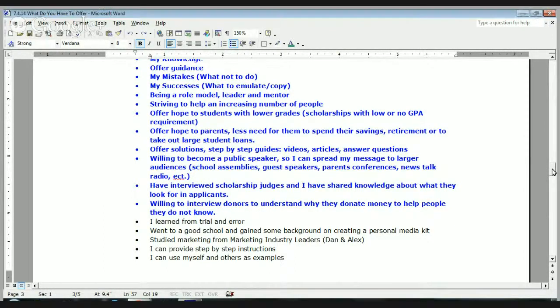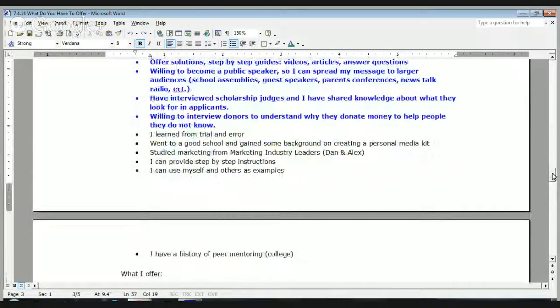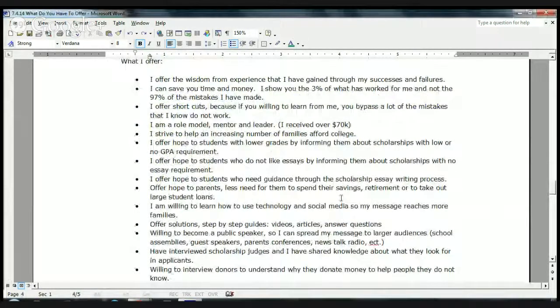What I did is I took these and I refined the ideas a bit more and started to take them out and write them into sentences to be sure that I fully captured the thought. So you can see that I'm a bit more refined right here in the first bullet point, I offer the wisdom from experience that I have gained through my successes and failures. Then I go down and I kind of do that with every single bullet point.